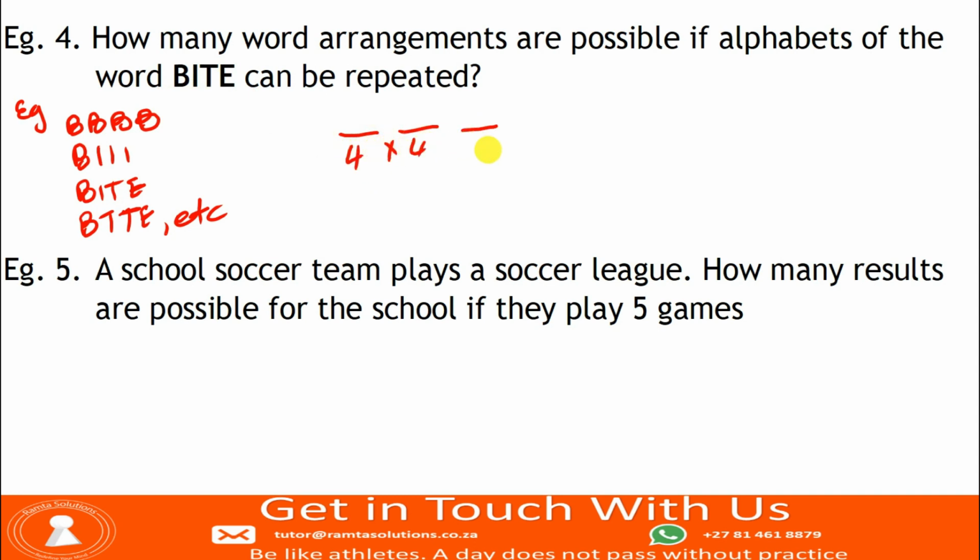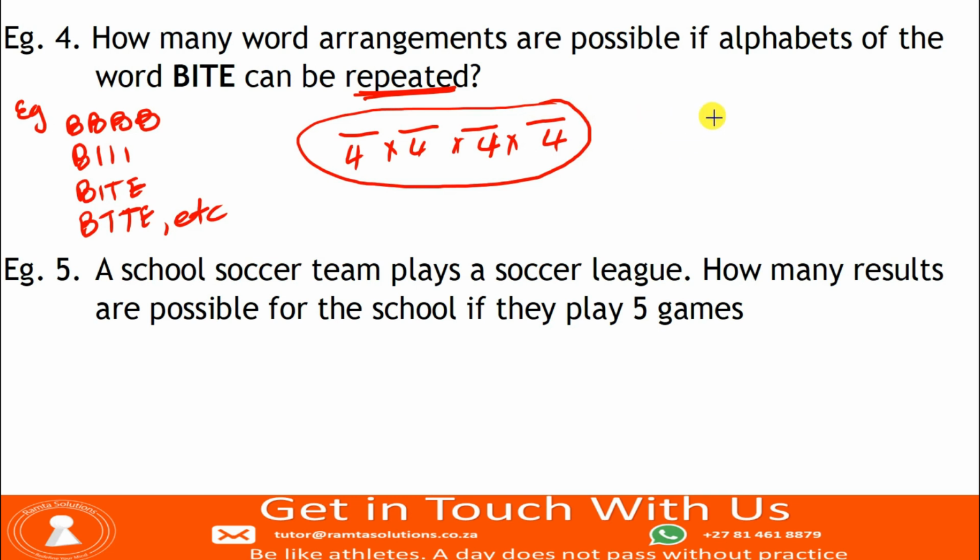For the third, still one of the 4. For the fourth, still one of the 4. Remember, they said they can be repeated. So our answer is 4 to the 4.